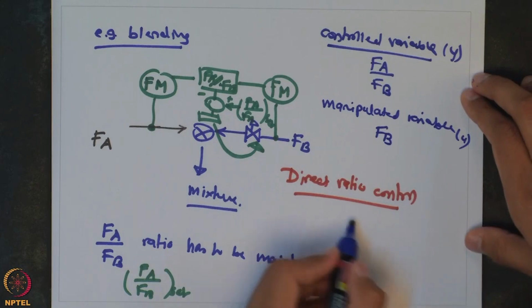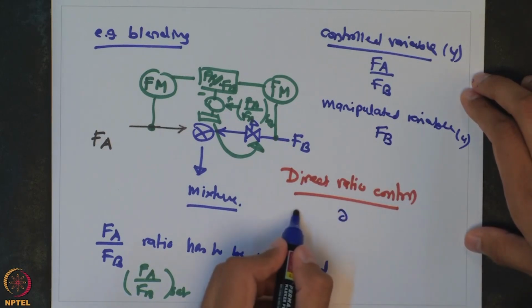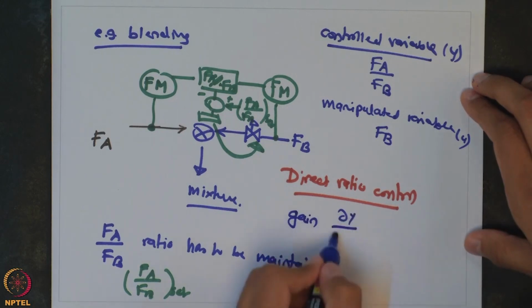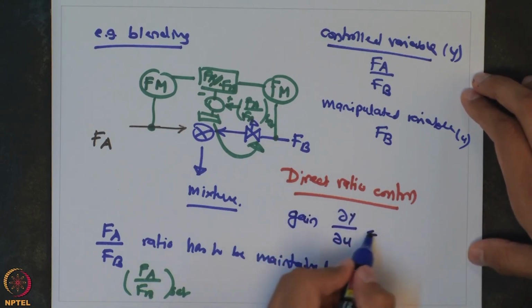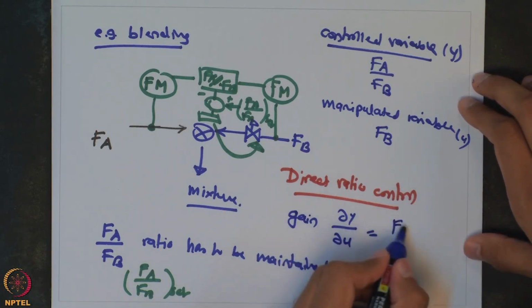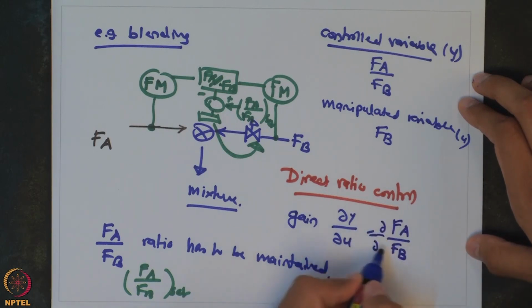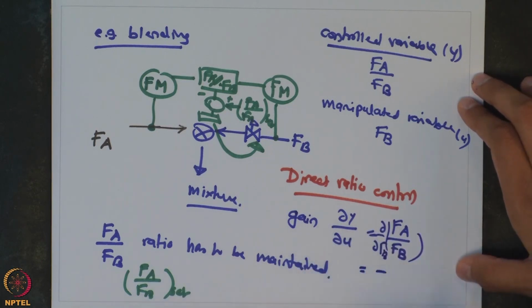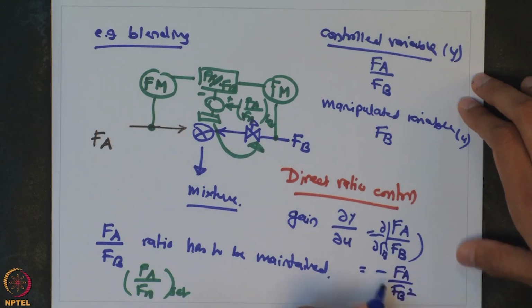If I look at how much is the gain between the controlled variable and manipulated variable, you will realize that the gain is minus FA over FB square.